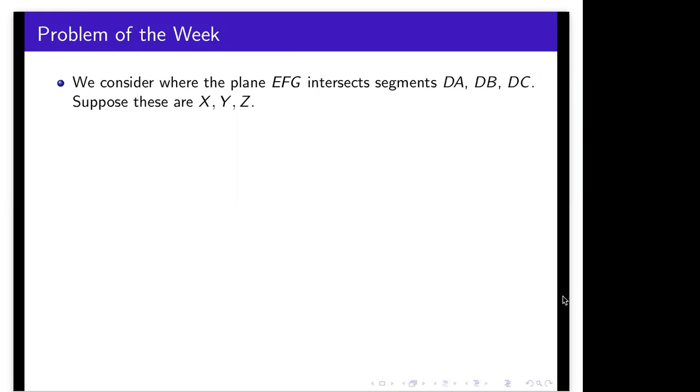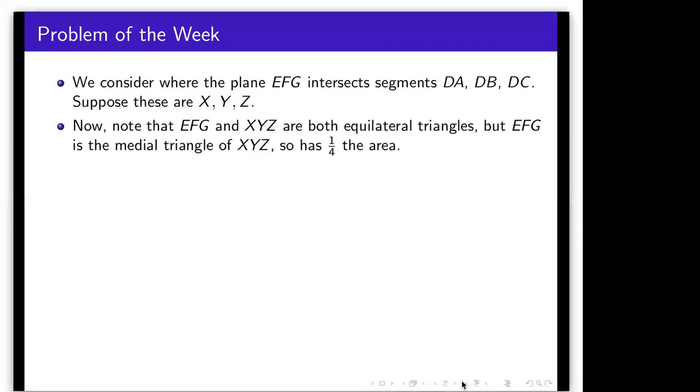Well, this tells us that they lie on the midpoints of the triangle X, Y, Z, right? Because X, Y, and Z are going to be on the three edges of the isosceles triangle faces, and then the midpoints are going to be E, F, and G, right?